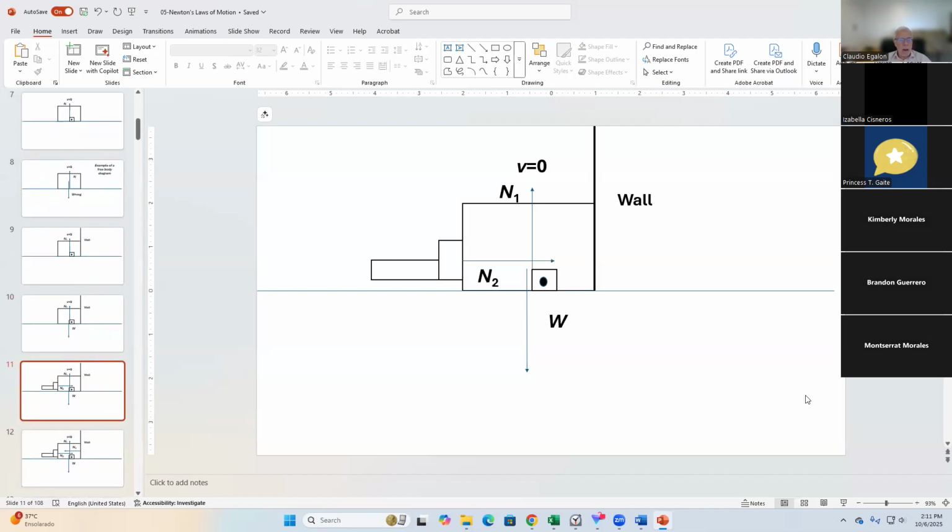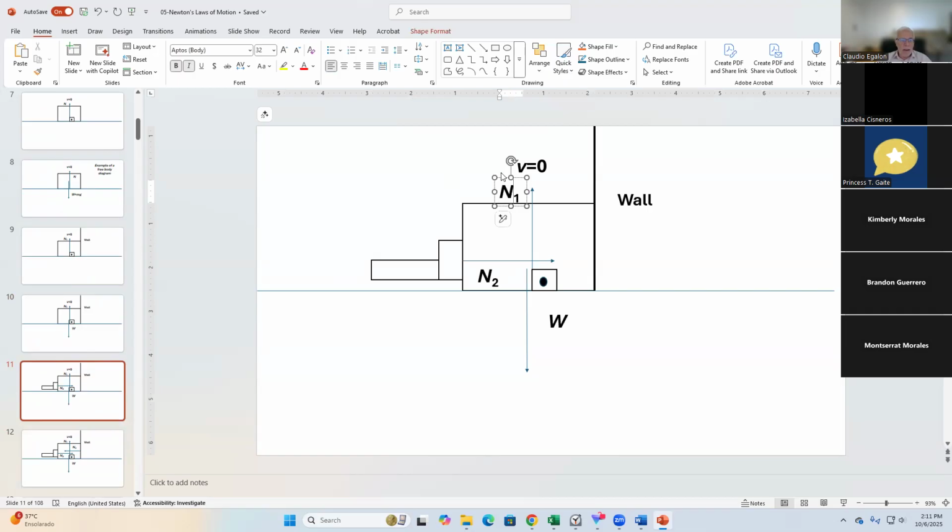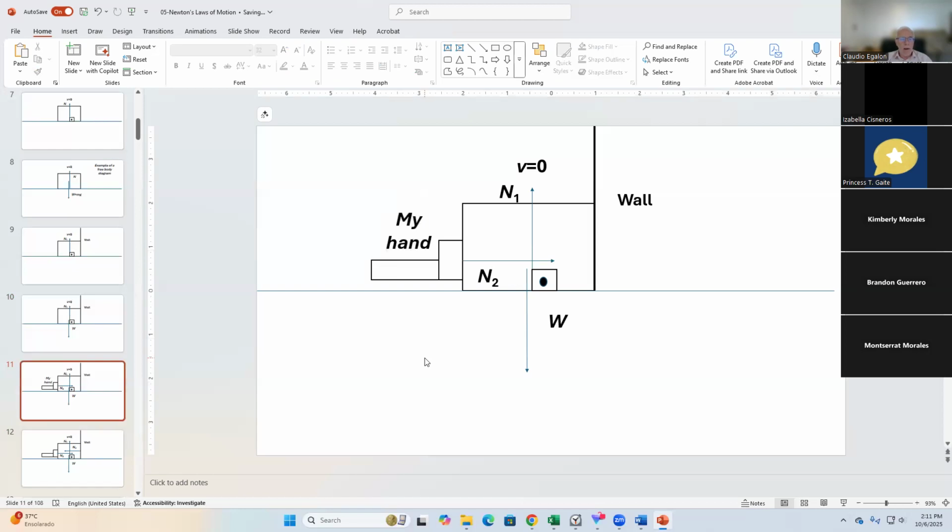Suppose that I decide to apply another contact force with my own hand. This is my hand, and I call this force normal number 2. My hand is applying a normal force 2, and the object is at rest.